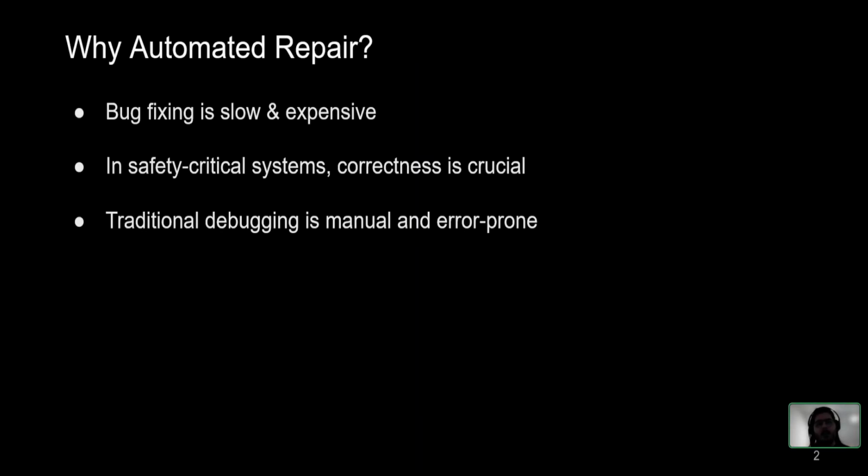And in systems verified with formal methods, debugging can sometimes be harder because every fix must preserve correctness, and the complexity of the logical reasoning behind the program can sometimes even produce error messages that are difficult to understand. So automated program repair, or APR, aims to reduce this burden by generating patches automatically that will be able to help the developer fix the problems they're having.